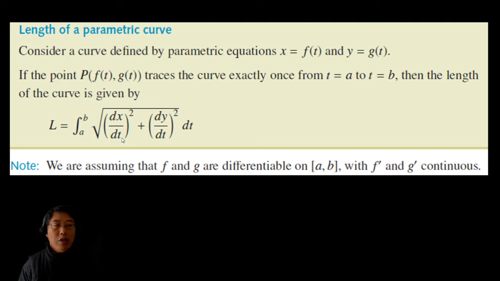So what you need to do is differentiate x and y in terms of t, and recreate a new function which is a sum of the squares and then you square root. Okay? Along that interval, f and g have to be differentiable, or the two derivatives in terms of t have to be continuous.